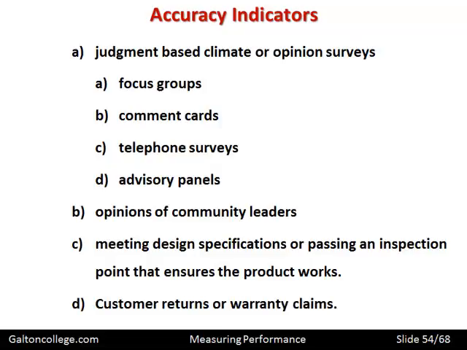Sometimes customers return items and claim on warranties. Again, the company has to be slightly circumspect about the accuracy of the reasons for the returns. It could be simply the customer didn't like the product when they received it, or there was something in the order that made them change their mind.